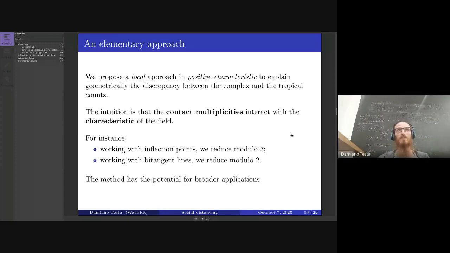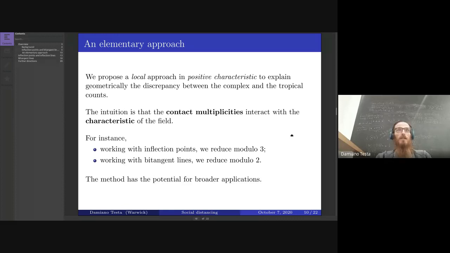And this is what happens when you perform the strategy with the bitangent lines and inflection lines. So what we propose is to find a local approach going through positive characteristic to justify why there are these differences. The reason is that the count is going to be skewed by the fact that multiplicities will change in positive characteristic.